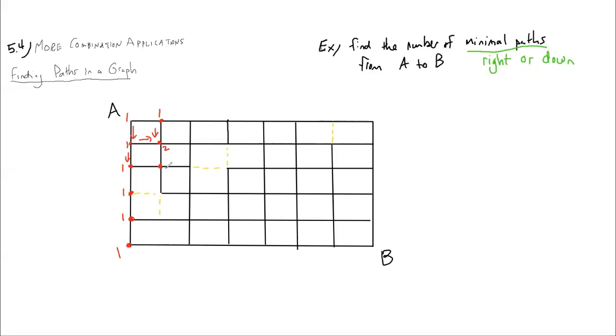So this point here, now I can have 1 from the left or 2 from above. So there's actually 3 different paths I could take to get to that. We can see those 3 paths illustrated by either down, down, over, down, over, down, or over, down, down. Right, so those are those 3 paths right there.